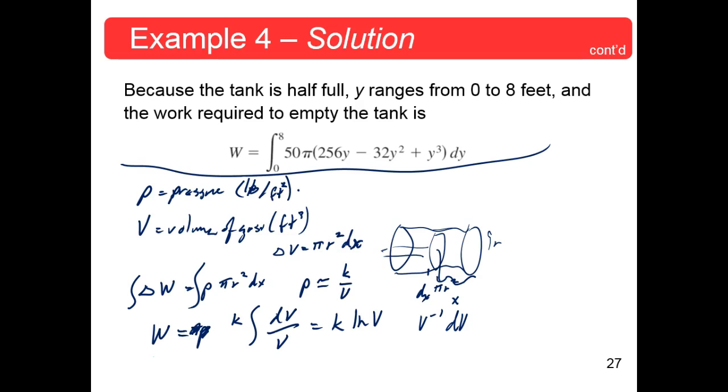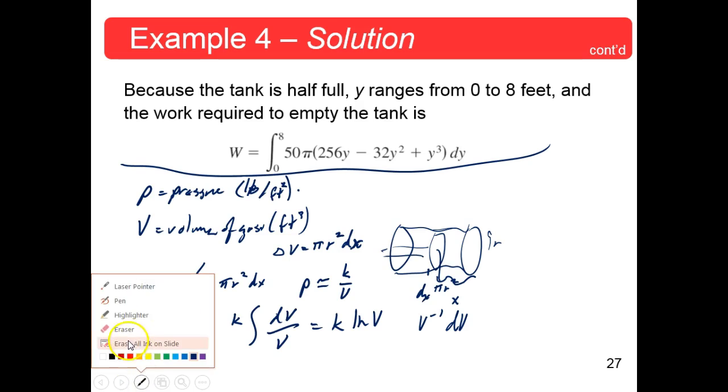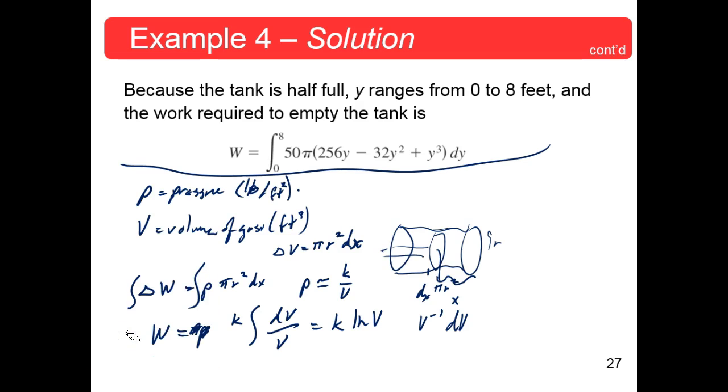I'm going to need to erase parts of this, but I don't know which parts yet, so let me keep my pen a little bit longer, and then I'll erase some. So your volume is going from 1 to 2 cubic feet.